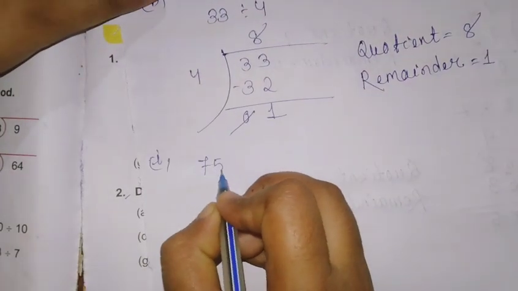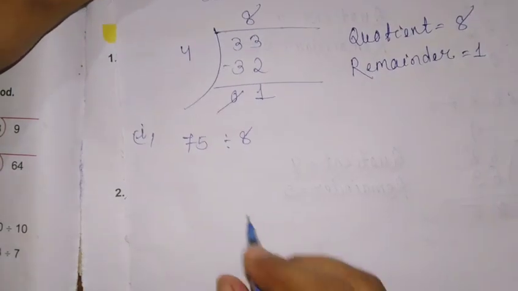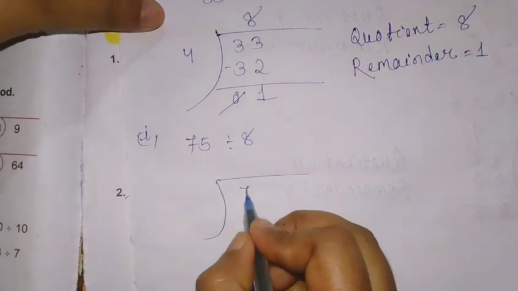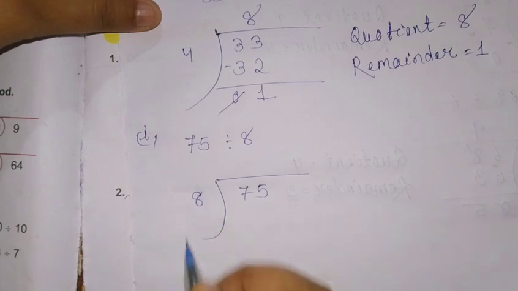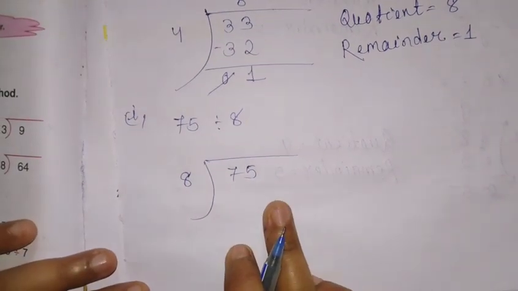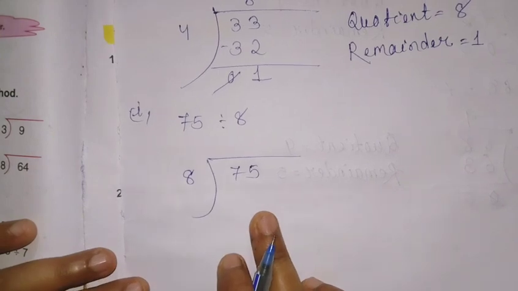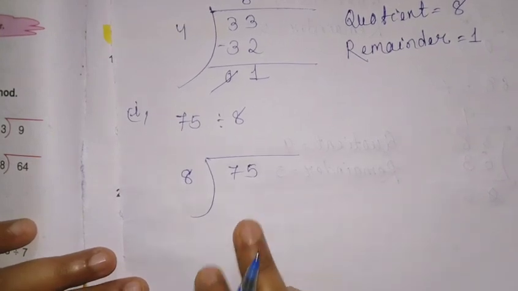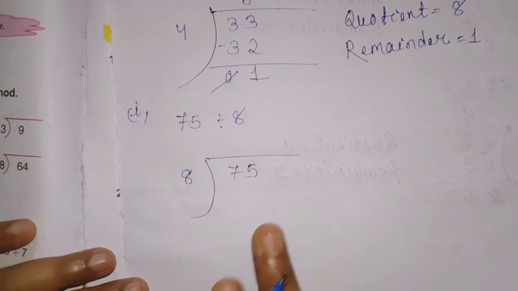Now we solve another point I. 75 divided by 8. First, we recite the multiplication table of 8 till we get 75. 75 we cannot find in the multiplication table of 8. Then we recite the multiplication table of 8 which is just less than 75.